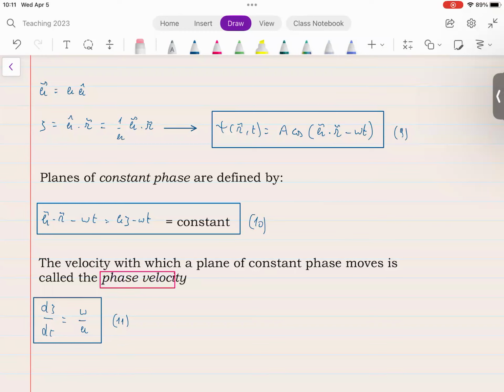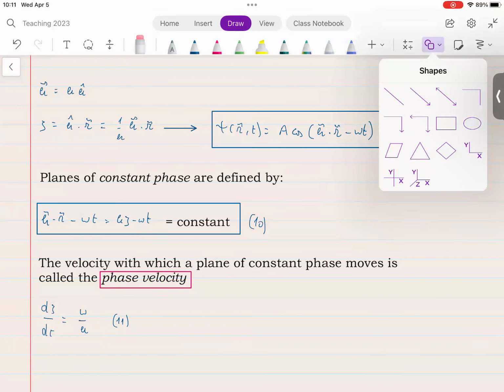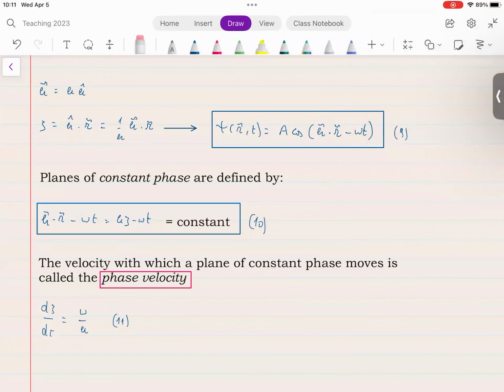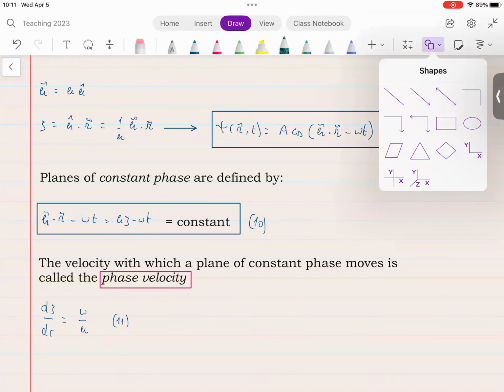Let me emphasize this. That's pretty important. Actually, I'm going to change my box here. I'm going to make it a higher level box. Right pen, okay.